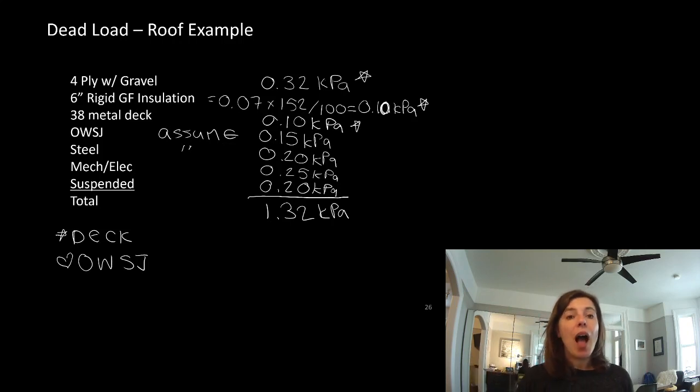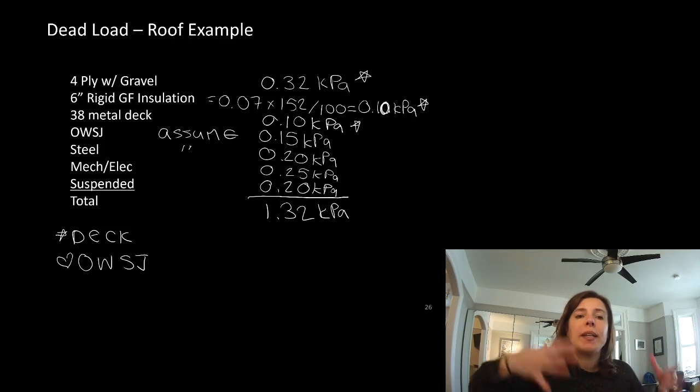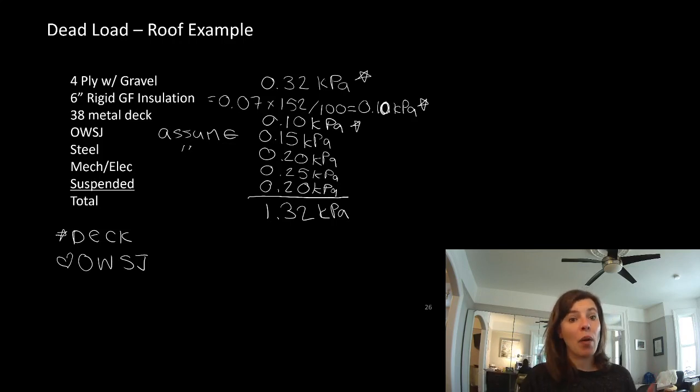It's like me. I'm sitting on my chair, so the chair is supporting me, but I'm not supporting the chair. So the weight of me wouldn't need to include the chair, but the chair would need to include the weight of me. Same thing here. So our deck is supporting the 0.32 for the roofing, the 0.1 for the rigid insulation, and the 0.1 for itself.